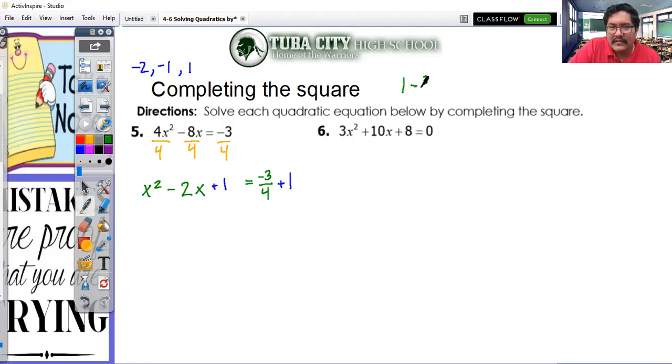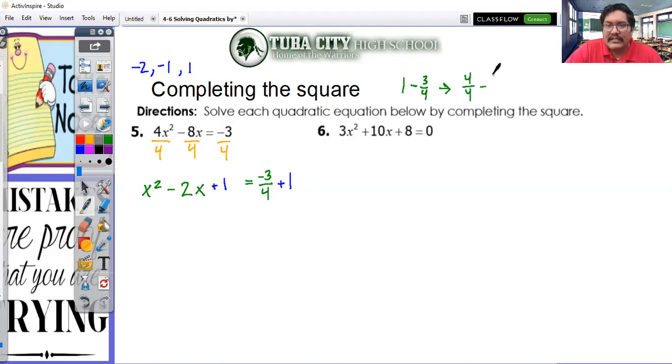1 minus 3/4. I'm just going to reverse it so it's a little easier to work with. Think of it like $1 and you subtract 3/4. What you want to do is take this first number, our dollar, and break it into quarters also.